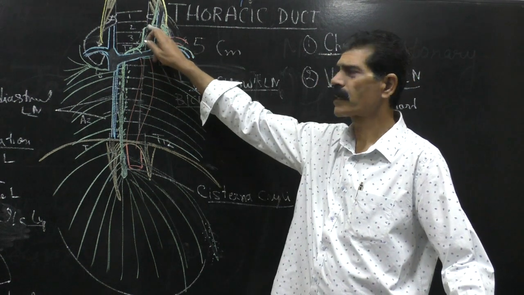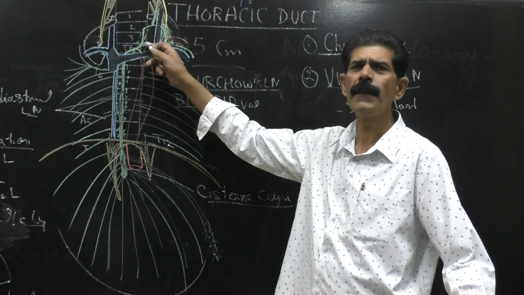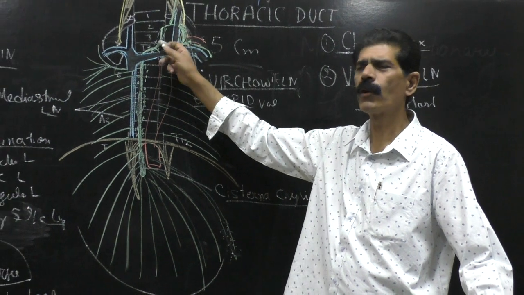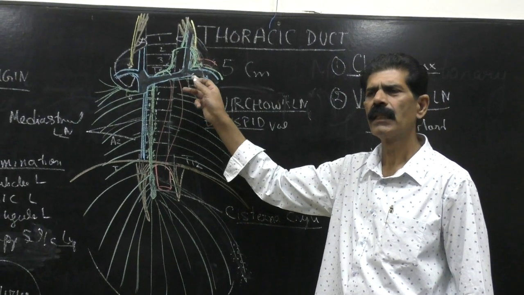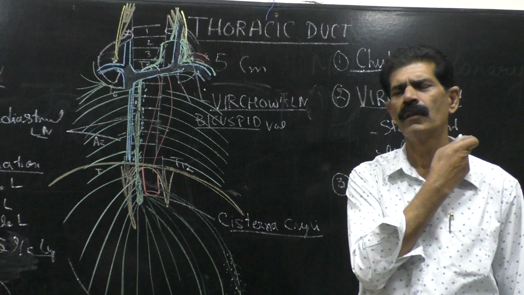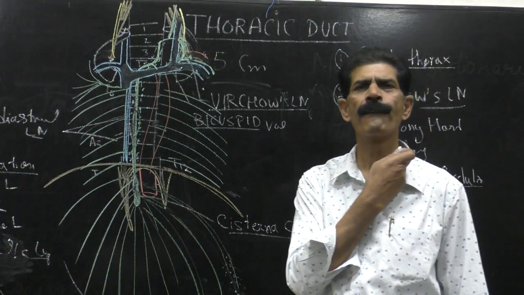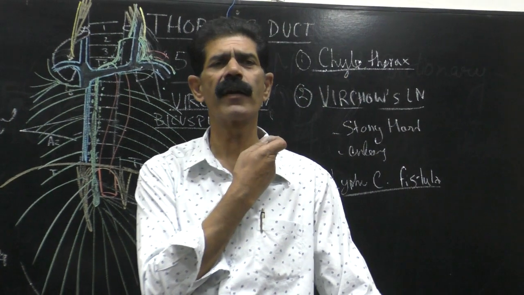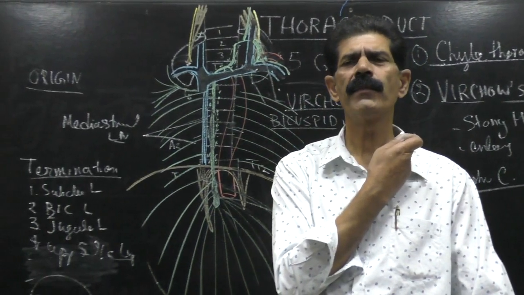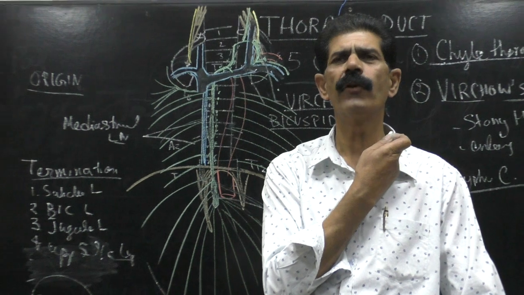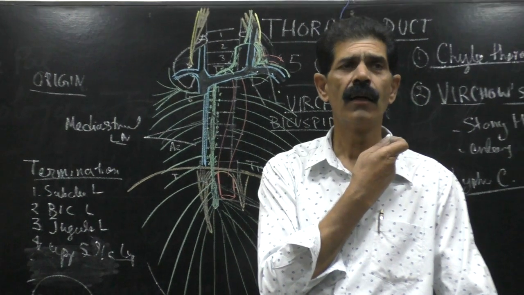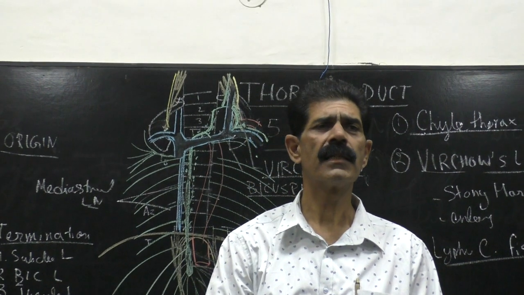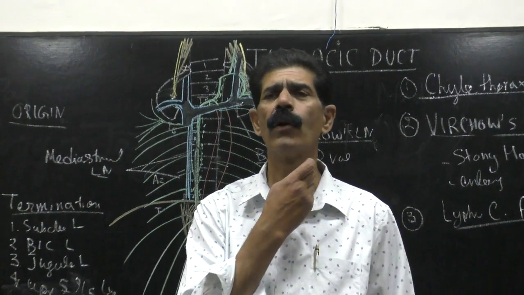The cutting of the thoracic duct will cause the release of the lymphatic fluid in the lower part of the neck, and this lymphatic fluid may come out through the skin, so the patient may present post-operatively with the release of milky fluid from a fistula. So this fistula is the post-operative complication of the surgical maneuver done in the lower part of the neck.